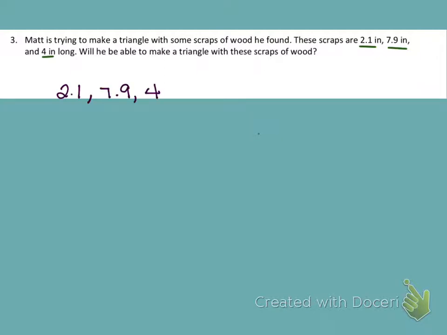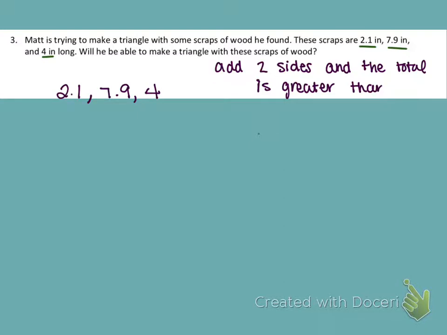The rule for triangle inequality is that we can add two sides and the total is greater, not greater than or equal to, but greater than the third side.